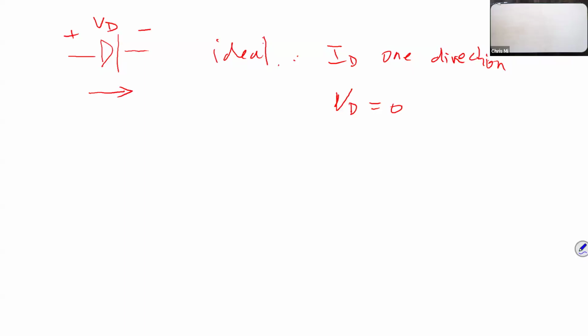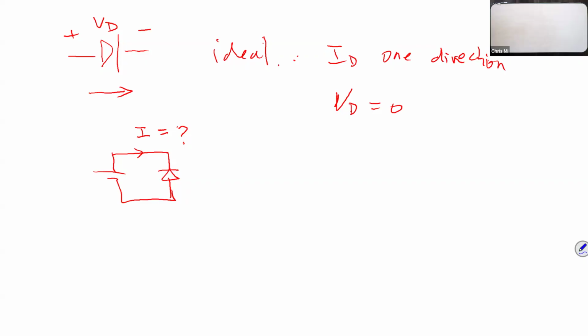Okay. So these are the two characteristics of diodes. Therefore, if you connect the diode to a voltage source like this, because the diode only conducts current in one direction, which is supposed to be that way, up on this right hand, would you see current in this circuit?